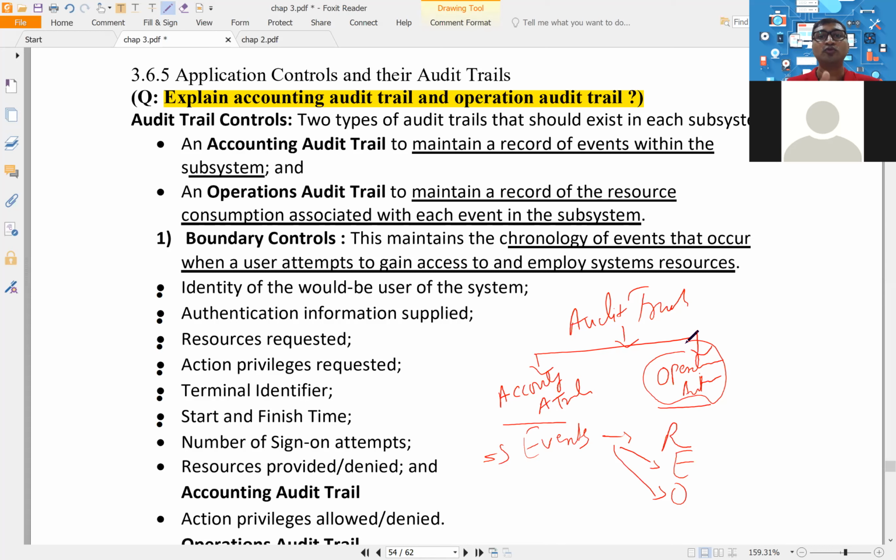Look, implementing username and password is not sufficient. Username and password is an example of boundary control. Just understand very well which user is coming at what time, what he is accessing, from which computer he is accessing. We don't know. We are just saying we have implemented username and password, so an unauthorized user will not be able to access.